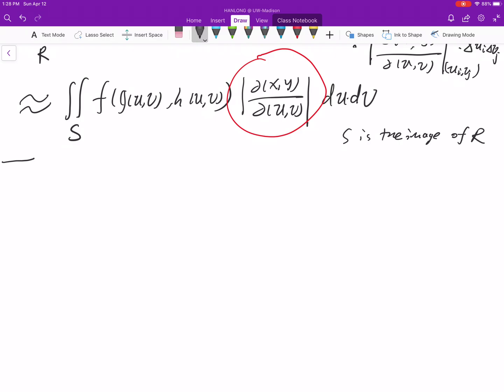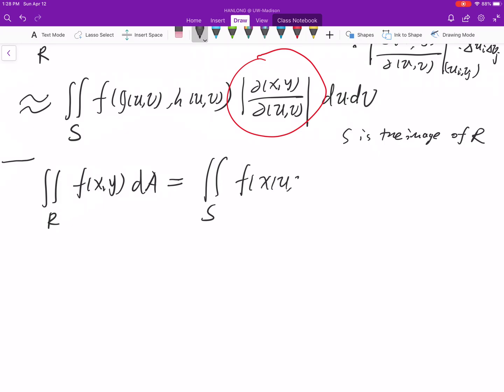Okay, so let me rewrite the formula again. The integration of f over R in xy coordinates equals the integration of f(x(u,v), y(u,v)) times the absolute value of partial (x, y) over partial (u, v) du dv.